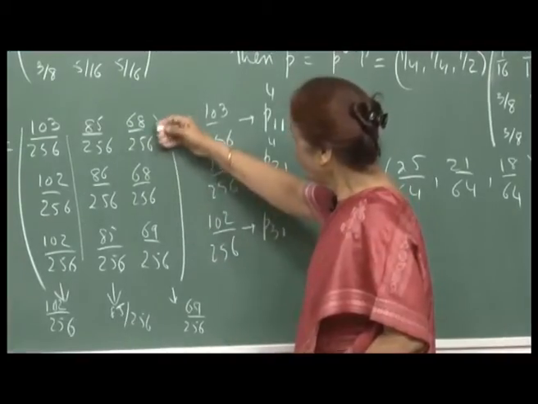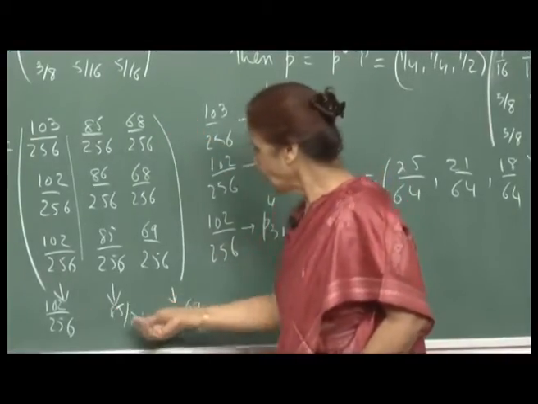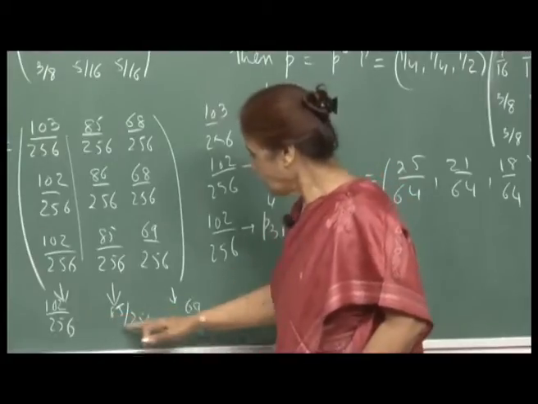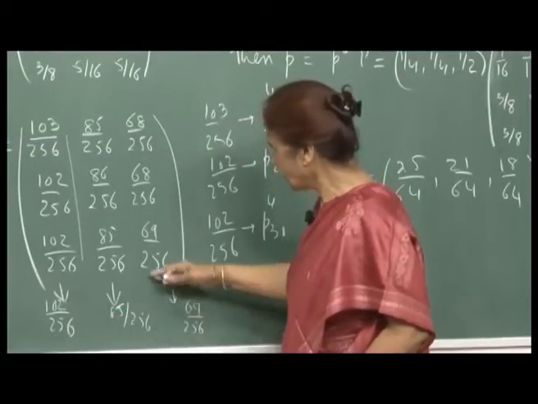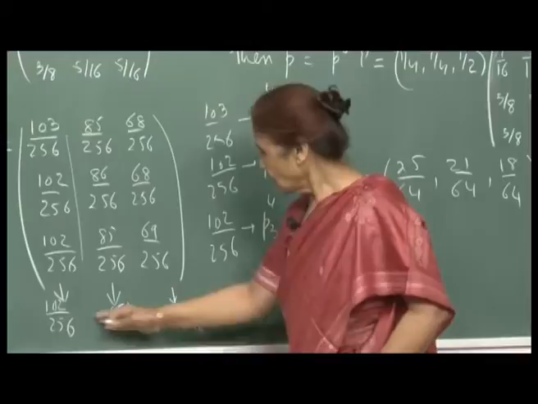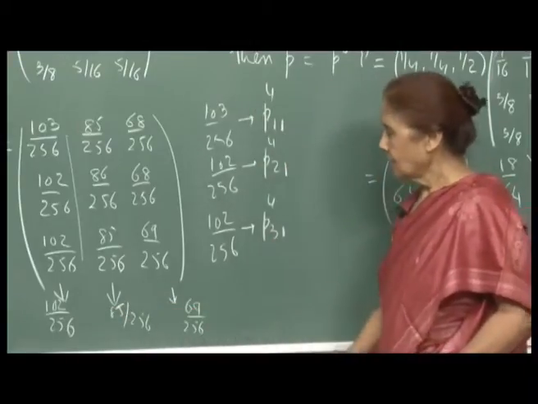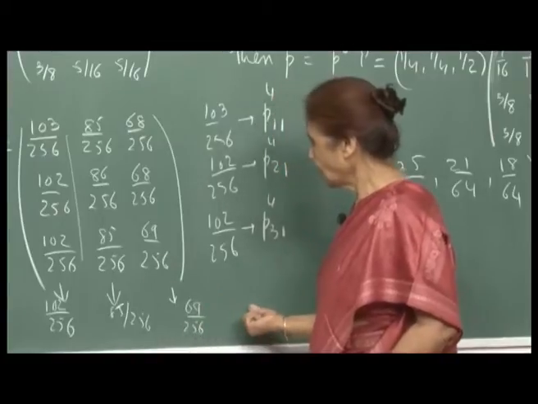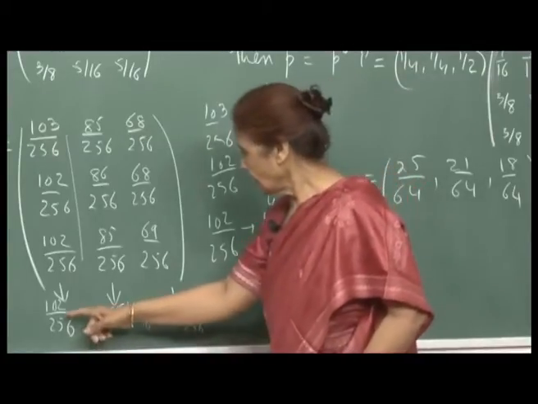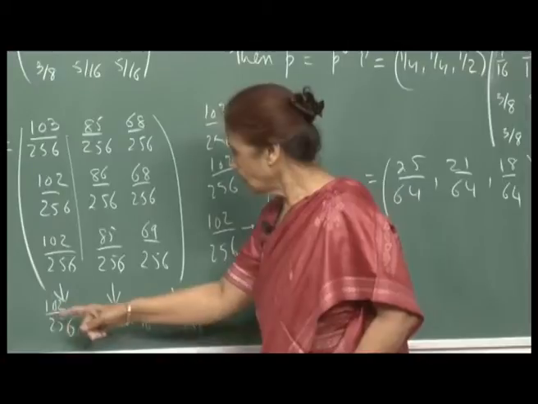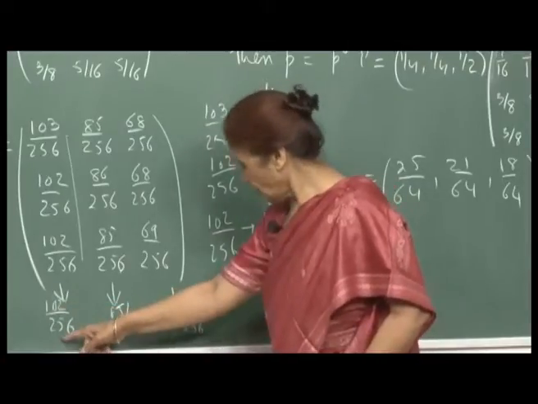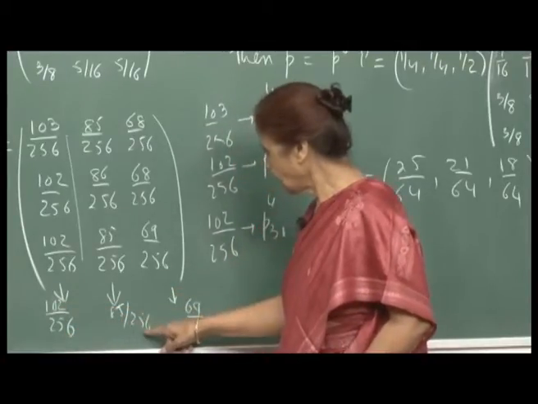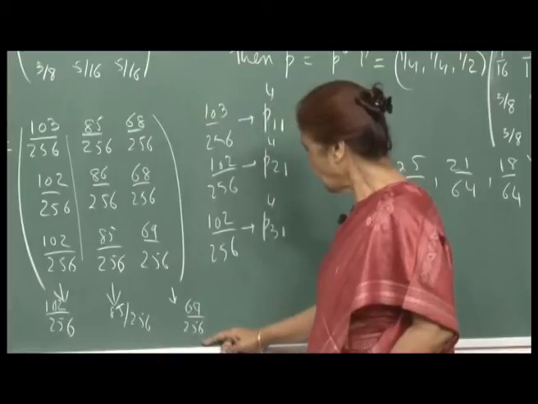You might ask why not 68, but remember, the probabilities these are all converging to must also add up to 1, because the system has to be in one of the states. So, if I say this converges to 102 upon 256, this is 85 by 256, then this should be 69 by 256.